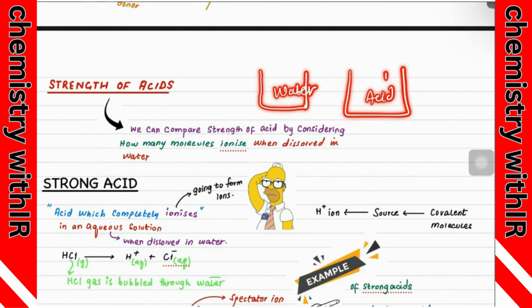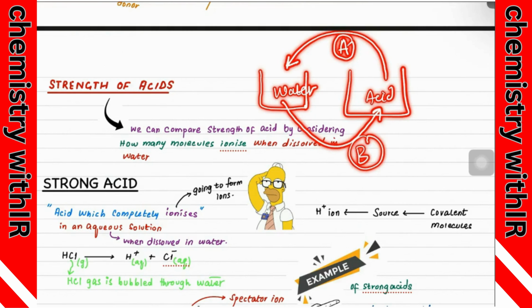Should I add acid in water? This is method A. Or should I add water in acid? This is method B. Or you are thinking that, sir, these are the same methods, we can do any one of them. So what do you think about that?